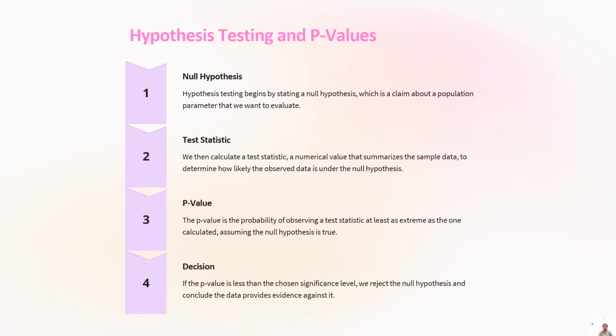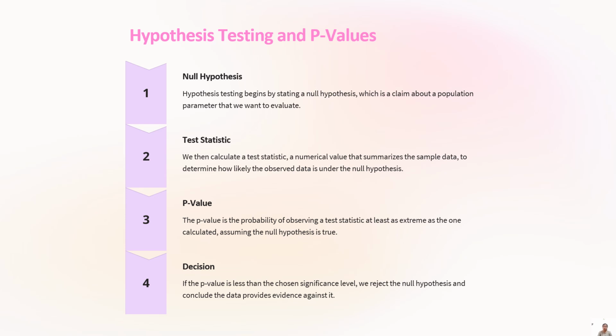Hypothesis testing and p-values. Null hypothesis. Hypothesis testing begins by stating a null hypothesis, which is a claim about a population parameter that we want to evaluate. Second is the test statistic. We then calculate a test statistic, a numerical value that summarizes the sample data to determine how likely the observed data is under the null hypothesis.